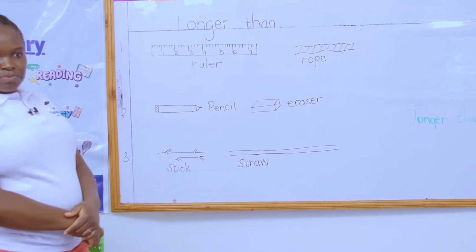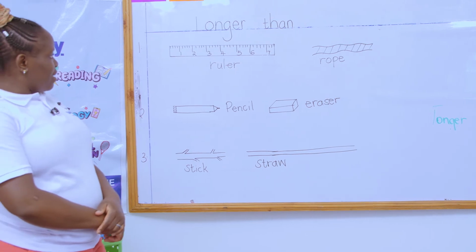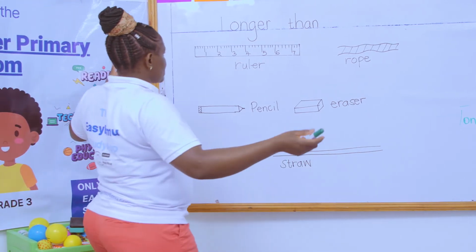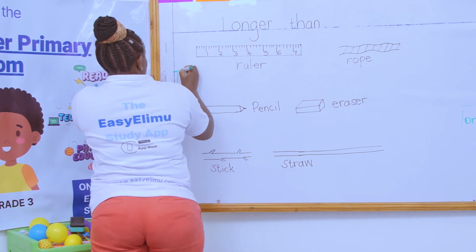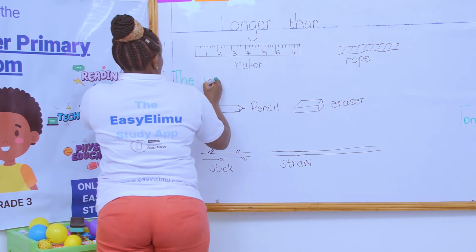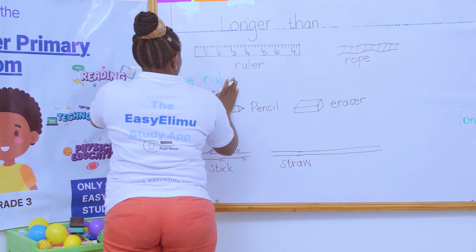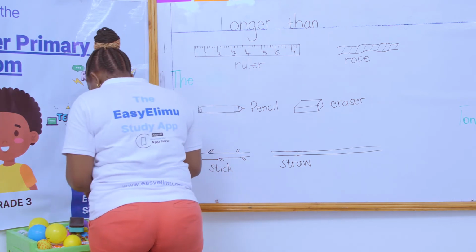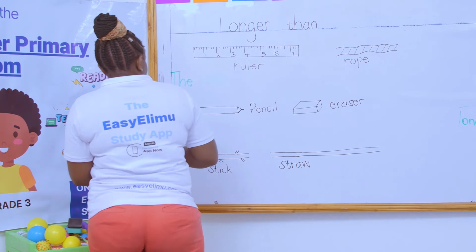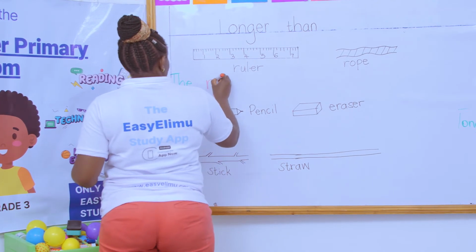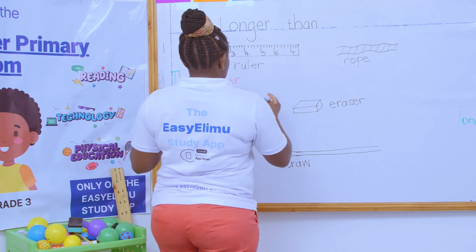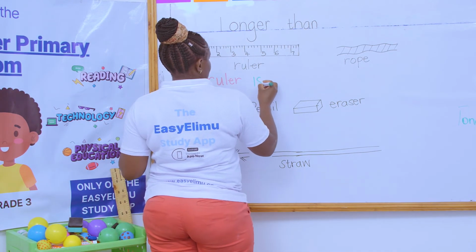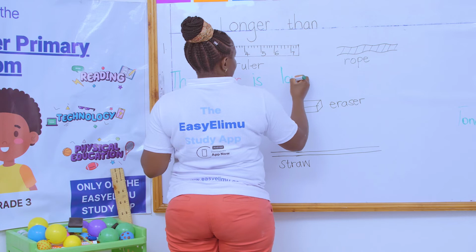Is it true? No, teacher. Why? The ruler looks longer. Oh, nice. So what will you say? We will say the ruler. Let me write ruler in a different color so that you know what exactly I mean. So we are saying the ruler is longer.